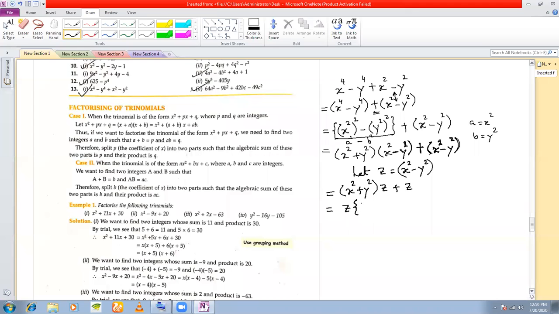I'm only left with x square plus y square plus 1. Yes, you understood this? No, sir. Still you did not understand.